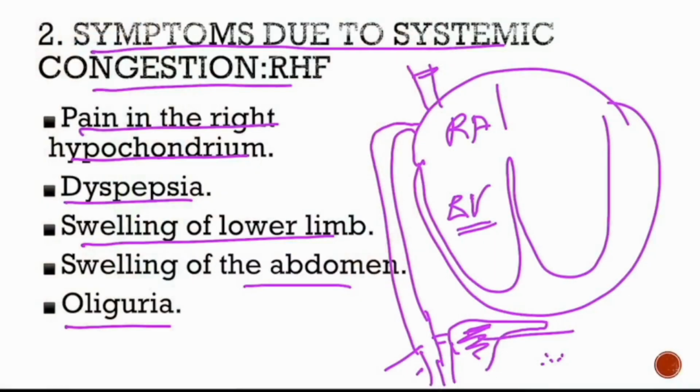The first sign to appear is the JVP, and the last sign to disappear is also the JVP. So when somebody has pedal edema but the JVP is not elevated, it is not due to heart failure, because I already mentioned the first sign of heart failure is elevated JVP, and the last sign to disappear is also JVP.